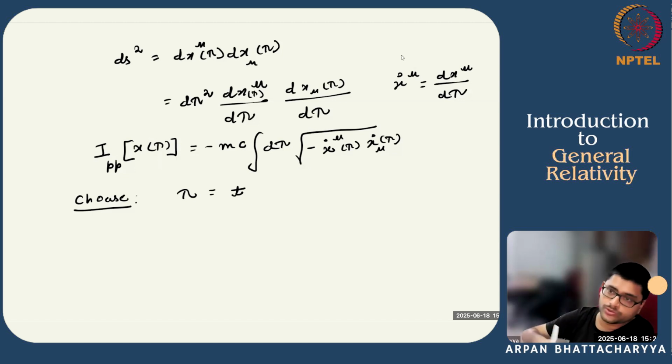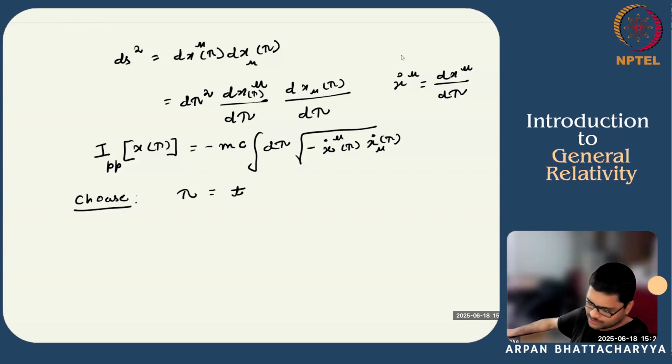Later we will choose it to be something called the proper time, which is much more relevant for all our subsequent discussion. But for this point, let's choose it to be t.